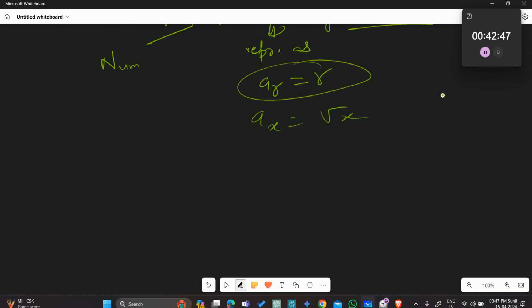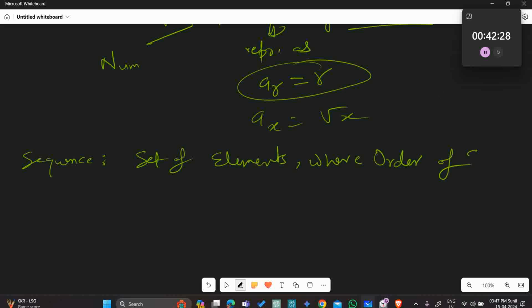Now what is a sequence? A sequence is a set of elements where the order of elements matters. This is a sequence. Otherwise, it will be a set only. So, for example, a of r is equal to r square.